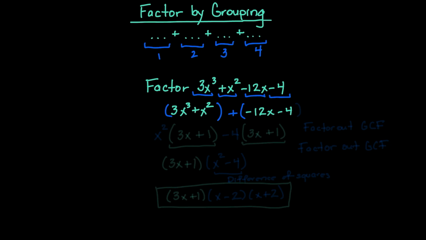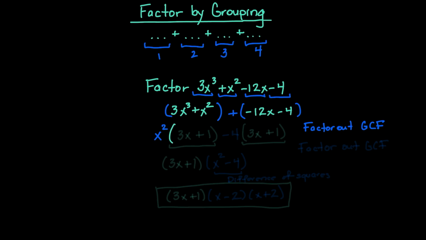Now it's time to factor out the GCF of each grouping. In my first grouping, 3 and 1 are relatively prime. Greatest common factor is 1. And between x cubed and x squared, x squared is our GCF.